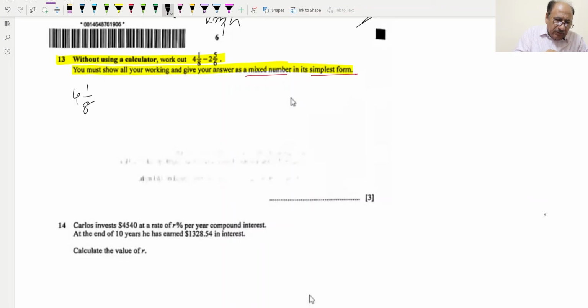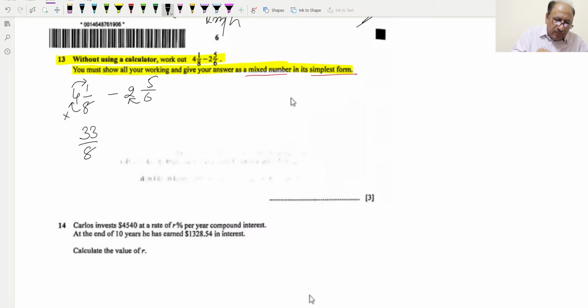We multiply by 8, and whatever answer we get, add 1. So 4 8s are 32, 32 plus 1 will be 33, so 33 over 8. Second fraction is minus 2 whole 5 by 6.